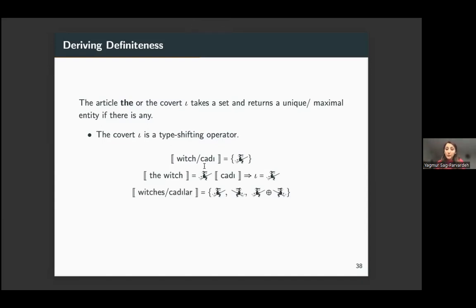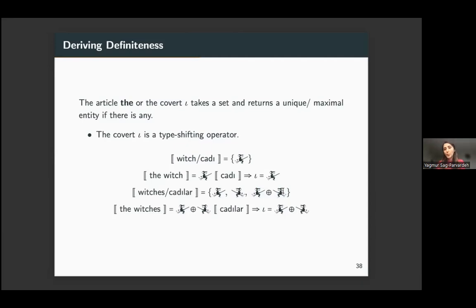Similarly, with the plural form, you have a plurality, like a set with pluralities plus its atoms. And here, the definite article takes the maximal individual because this is the unique one. And in Turkish, since we don't have a lexical item to do that, we resort to this type shifting operator that would give us the same result. But remember, this is not a covert lexical item.